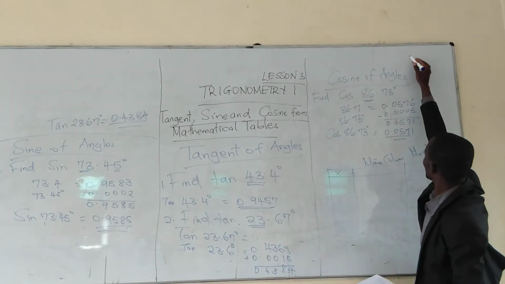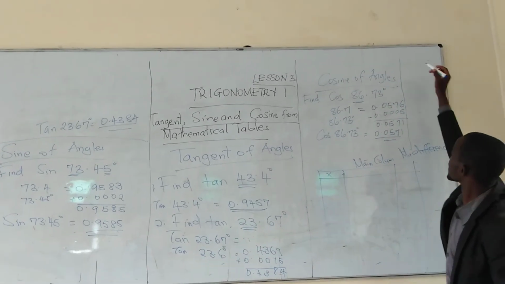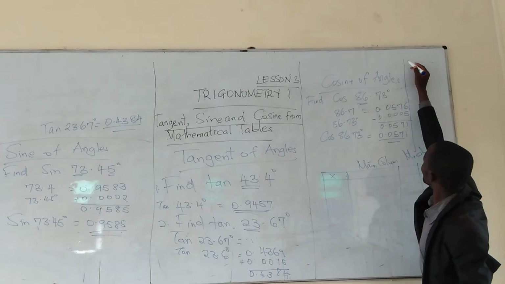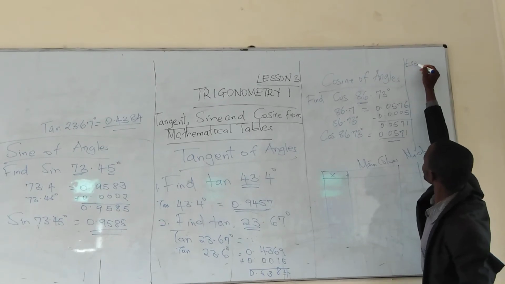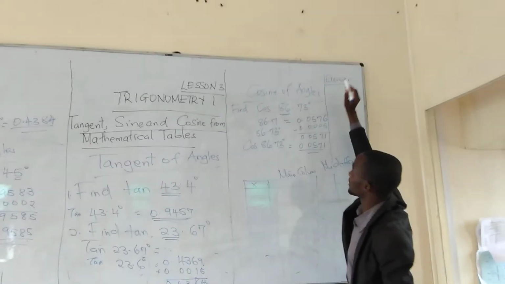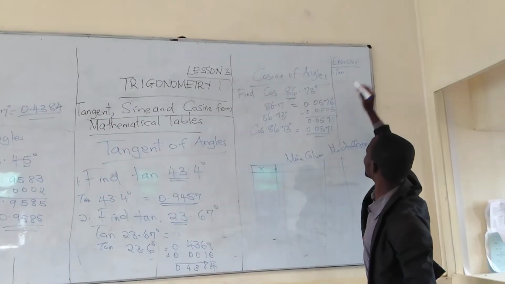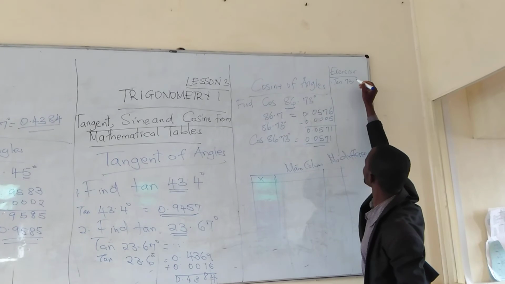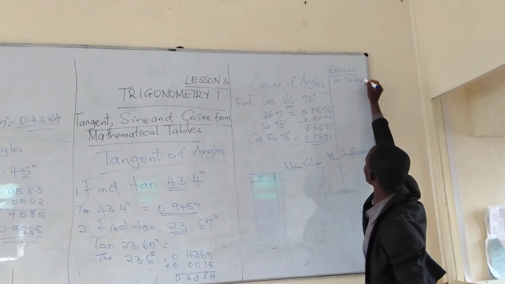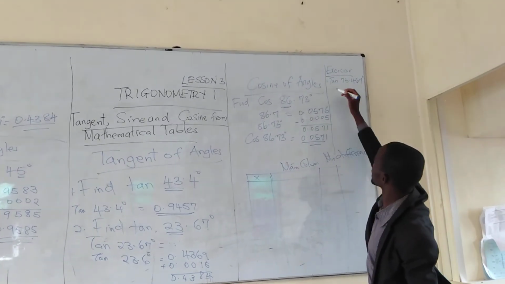Now, I would like you to try this from the mathematical tables. I want you to try and find tan 73.467 degrees.